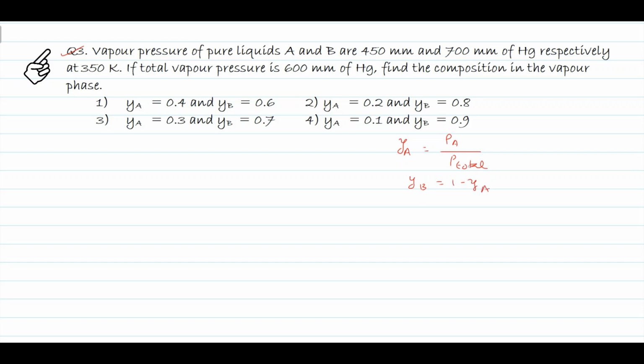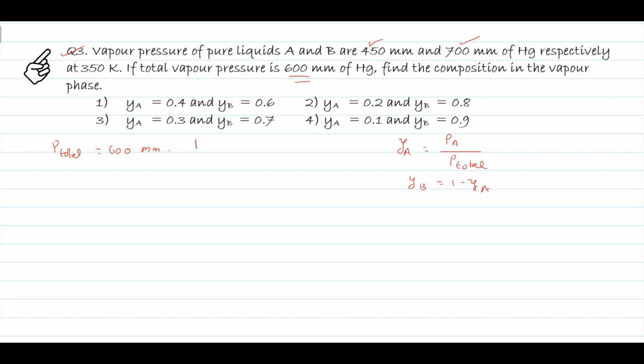P total is given in the question, 600 millimeters. So you can write here P total equal to 600 millimeter. Also they have given the vapor pressure of component A, 450, and the vapor pressure of component B, 700.